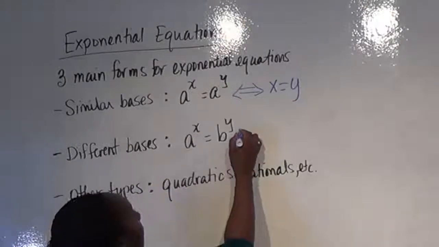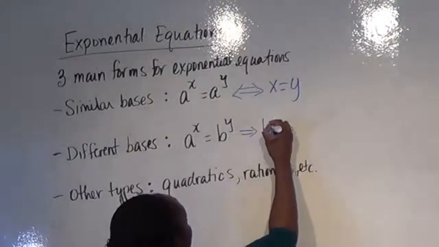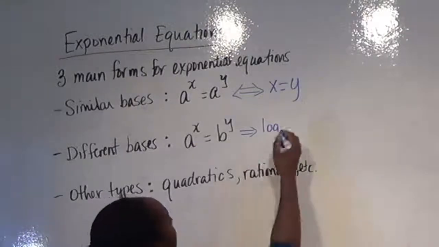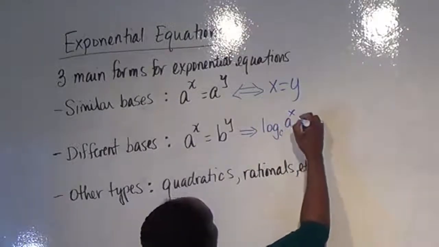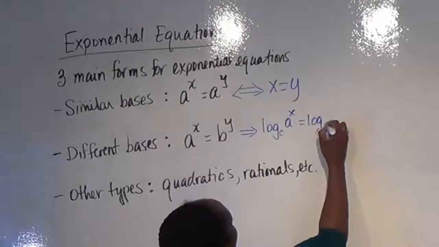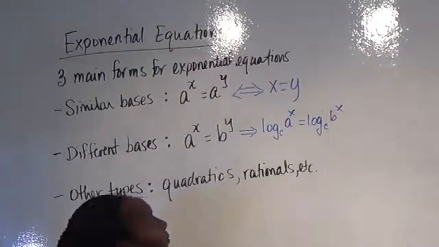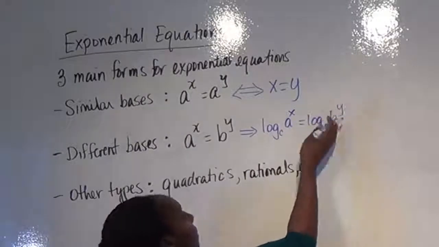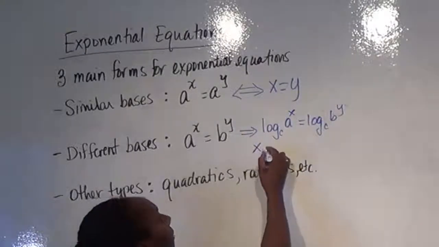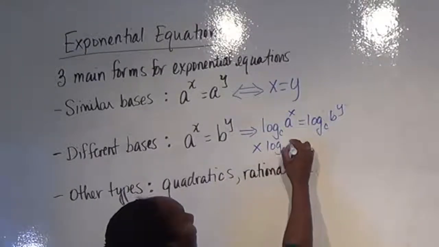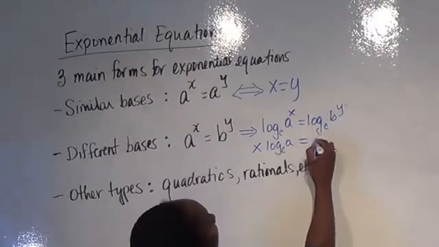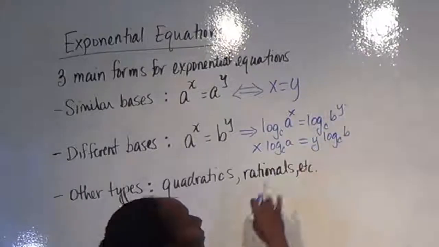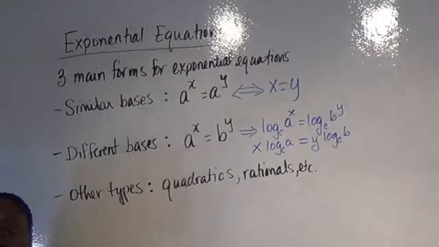But basically here what we're going to do is take the log of both sides, and I'm just going to call it log base c, because you can pick what the log is. And the reason that's useful is because then I can bring that power down on both sides and solve the resulting equation.